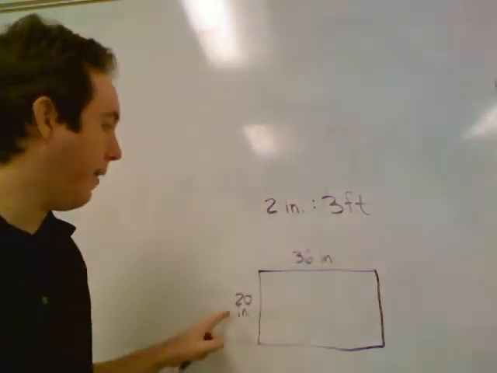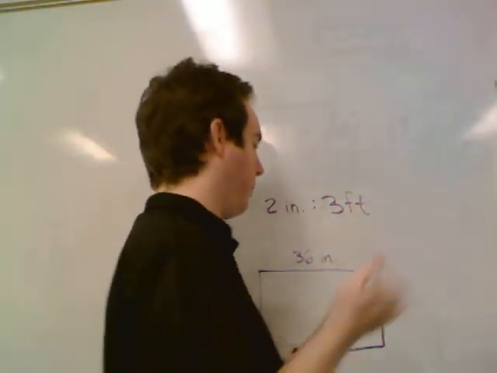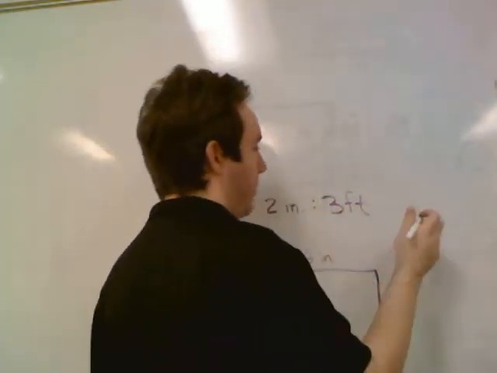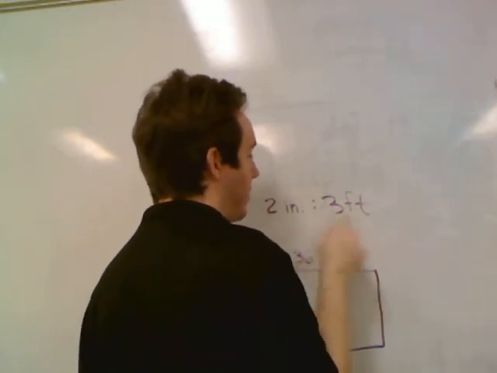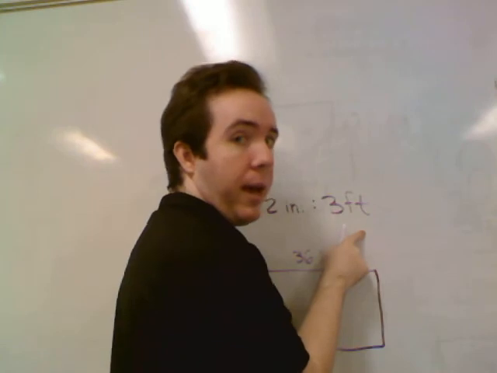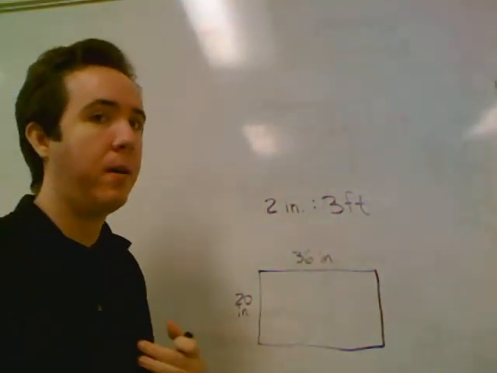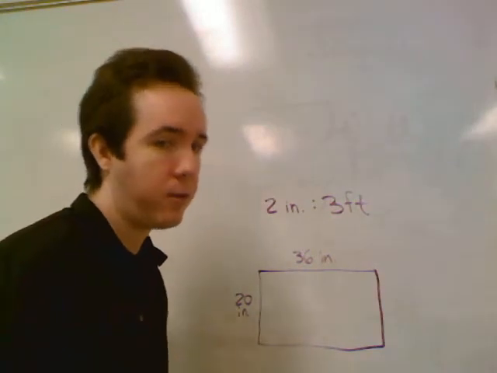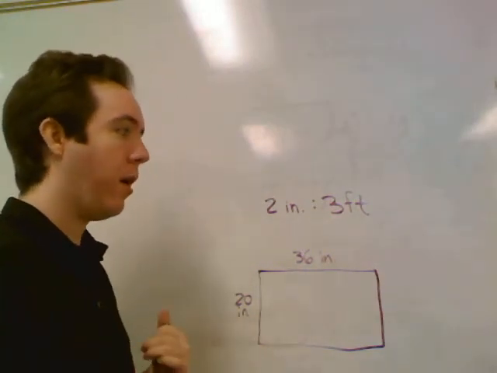So every 2 inches is 3 feet. Our scale factor is an example of what we call a ratio. For right now, you can pretty much think that ratios work the same exact way as a fraction. So all the rules we've remembered so far for fractions will also apply to ratios.